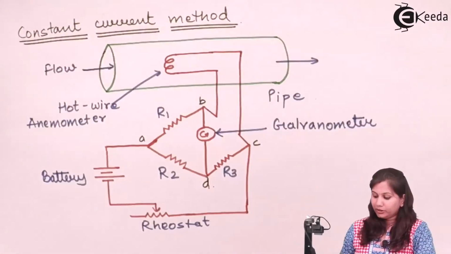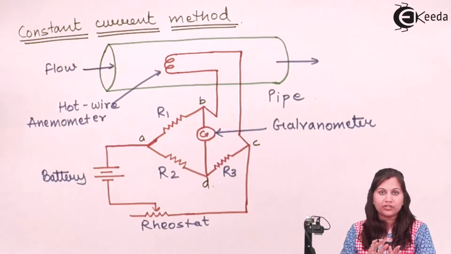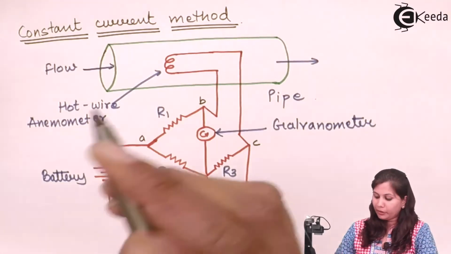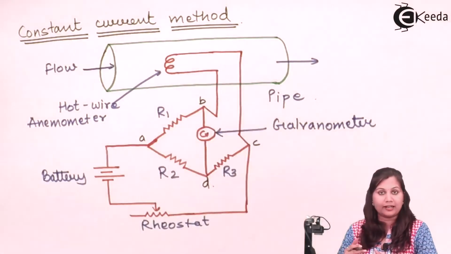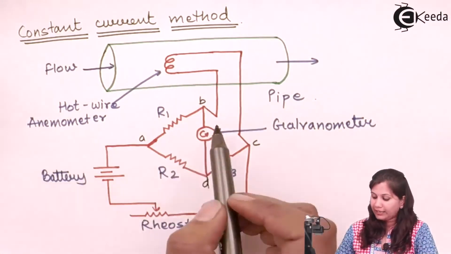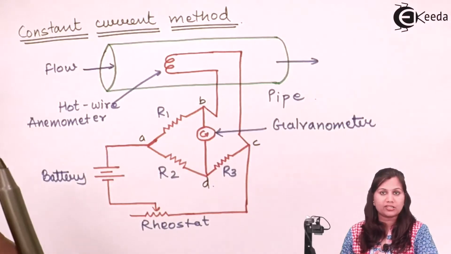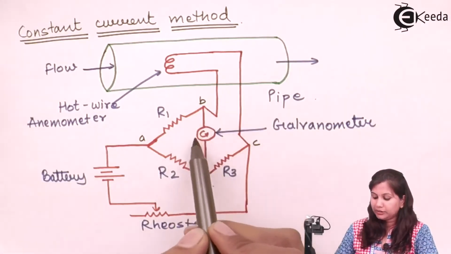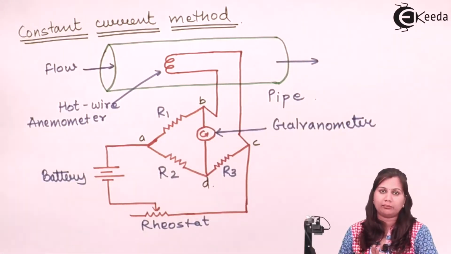Now due to the change in the resistance of the wire, the galvanometer, which was initially at the null position, meaning it was indicating the zero value, is going to deflect. Because due to the change in resistance, current is also going to change, and if current is changing, voltage is changing, and due to that the bridge is going to get unbalanced.